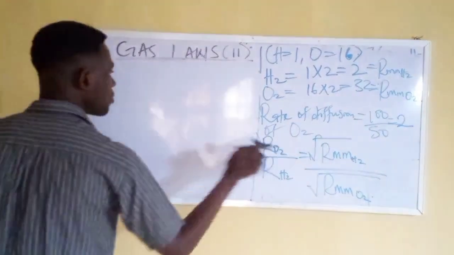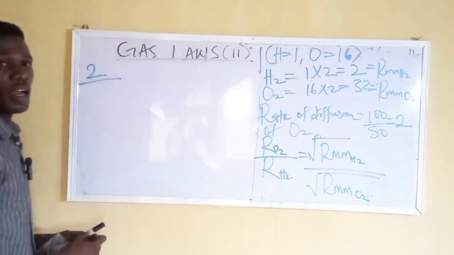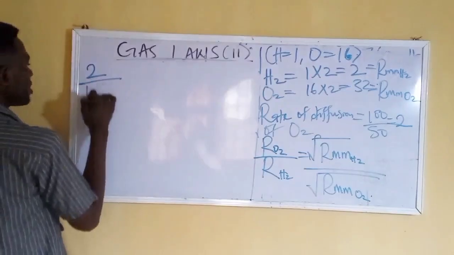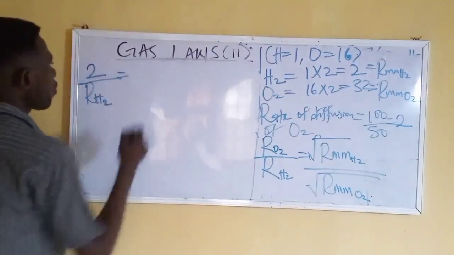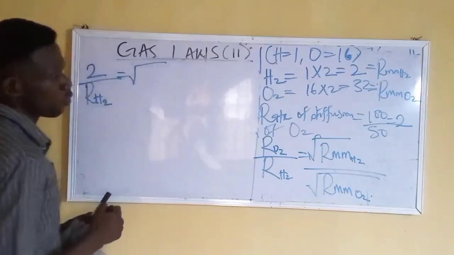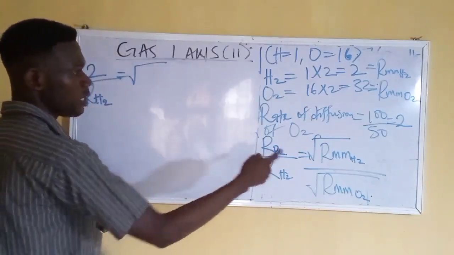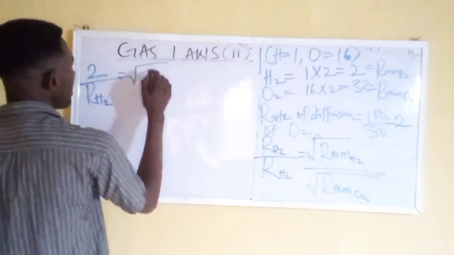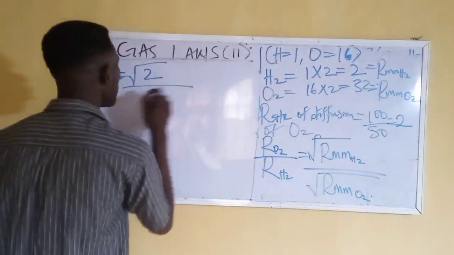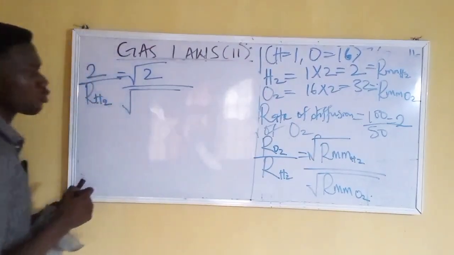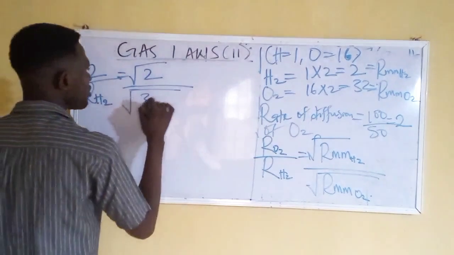So we have our rate of diffusion for oxygen as 2, but we don't know the rate of hydrogen gas, so we represent it as RH2 equals, now, the square root of the relative molecular mass of hydrogen gas, which is given as 2. We found it here as 2. Then over the square root of oxygen gas, which we had as 32 here. So we have it as 32.